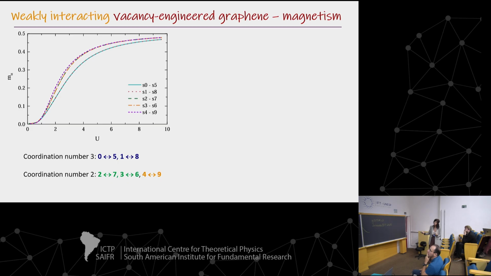which is what you're seeing here as a function of the electron-electron interaction. And what we see is that, again, it's non-uniform. But more importantly, there is a magnetization for apparently, at this point, arbitrarily weak electronic interaction, which is in contrast with pristine graphene that I have quoted before, which has this critical value.